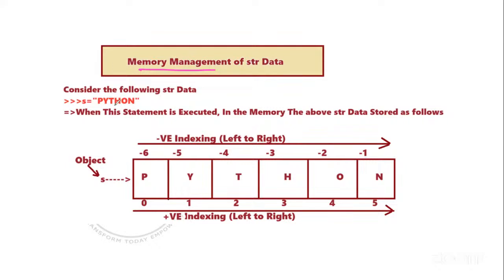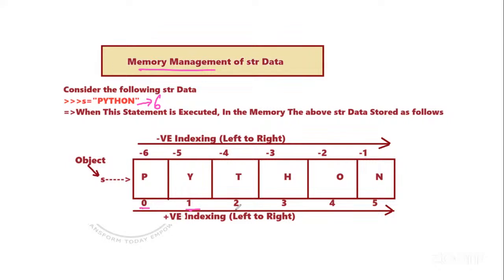I'm going to store Python in S. How many characters do we have in Python? 6. Each and every character will be represented with a number, and that number is called index number.